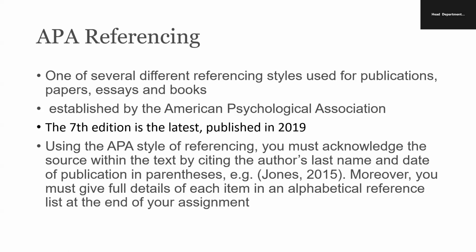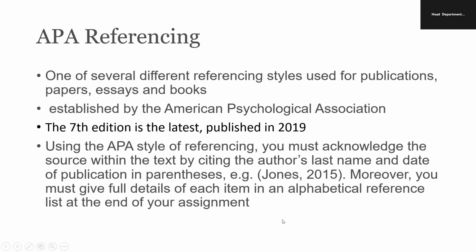Right. Then that's how we cite an article in the body of the text. Moreover, you must give full details of each item in an alphabetical reference list at the end of your assignment, right? Then, if we cite some researchers or authors like this in our text, then at the end, we should give the full details about their studies.